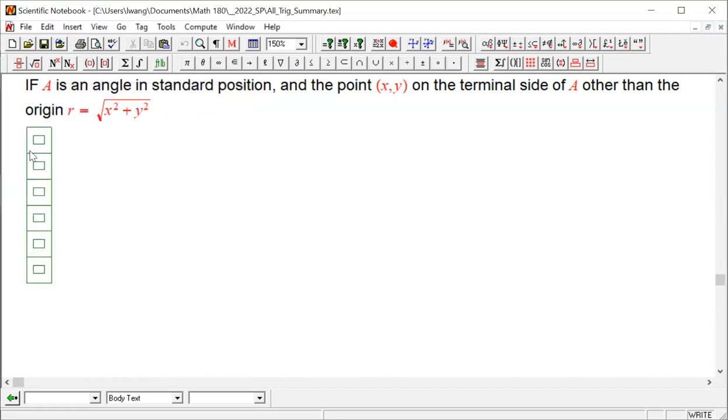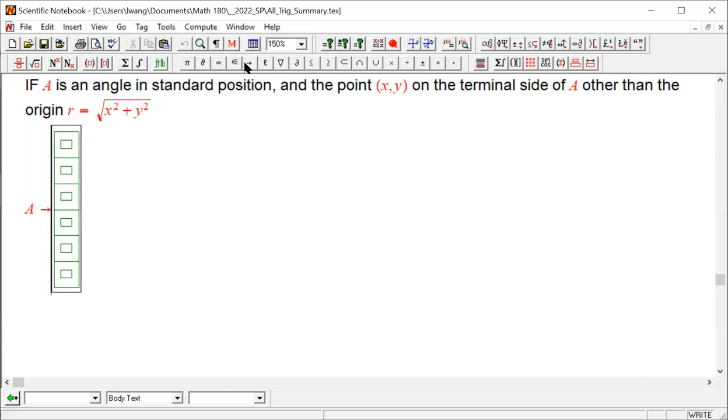Each one of these is a rule of a function. The inputs are angles, and they each have their specific domain. So the rule of sine, the rule of cosine, the rule of tangent and the rule of cotangent. All of these are different rules, cosecant and secant. I hope this will make it very clear to you.